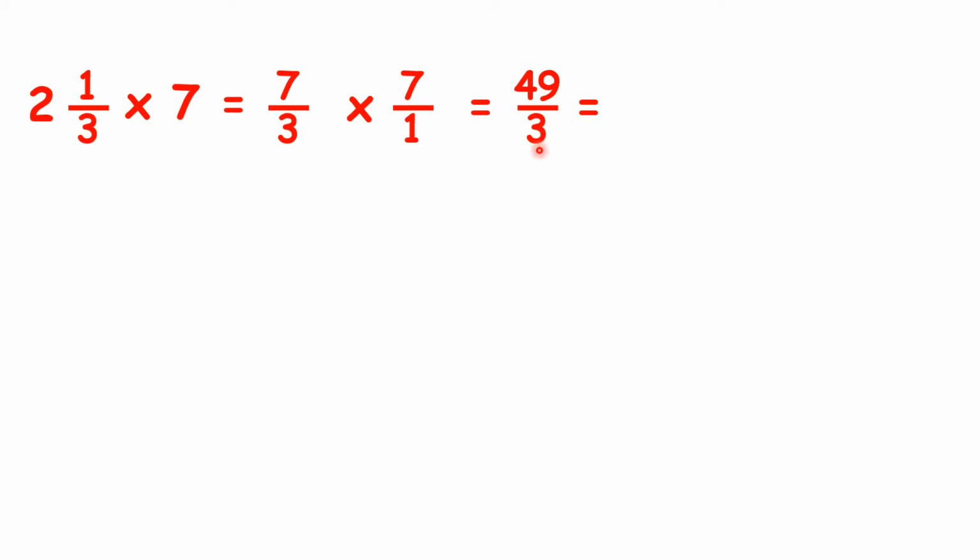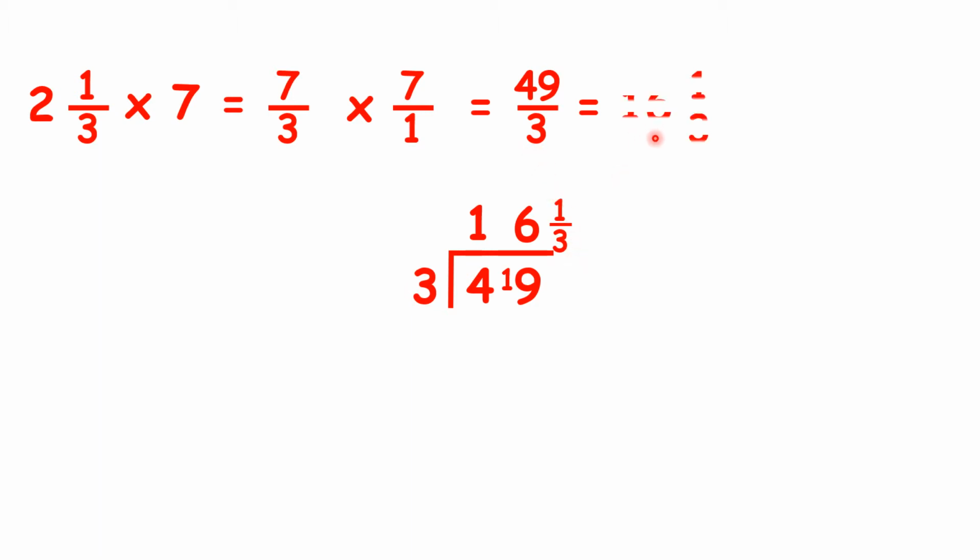An improper fraction is really a division, so we can divide 49 by 3. 4 divided by 3 is 1 remainder 1, and 19 divided by 3 is 6 remainder 1. When writing our remainder as a fraction, we keep the denominator the same, so 2 1/3 times 7 equals 16 1/3.